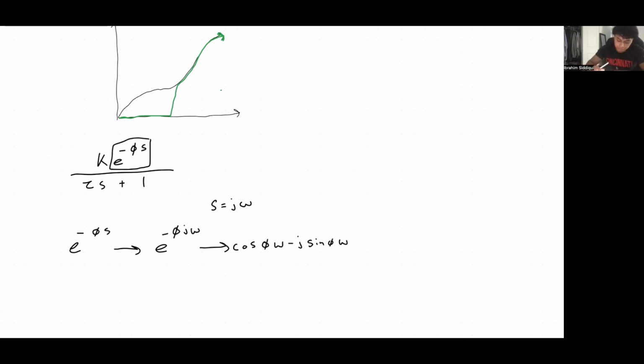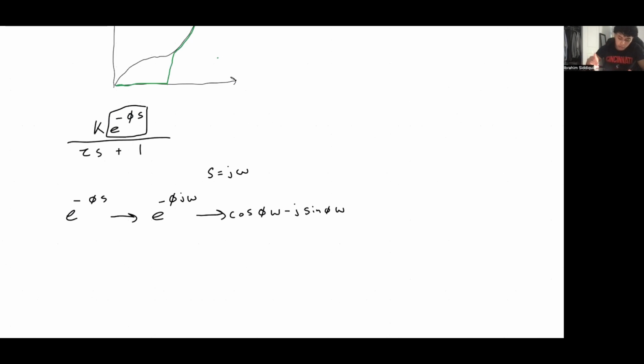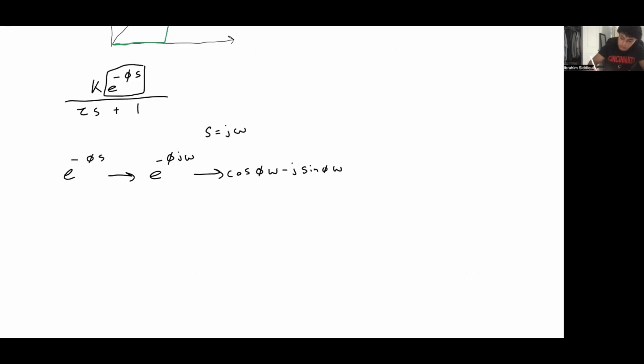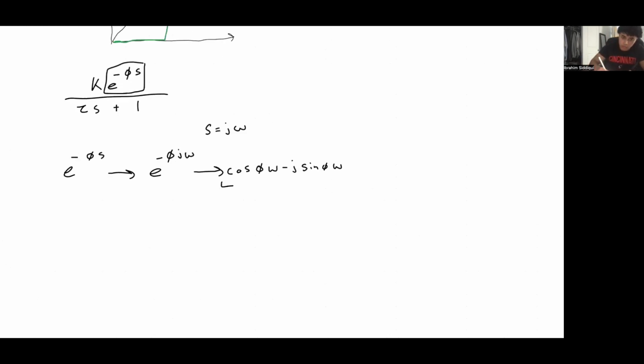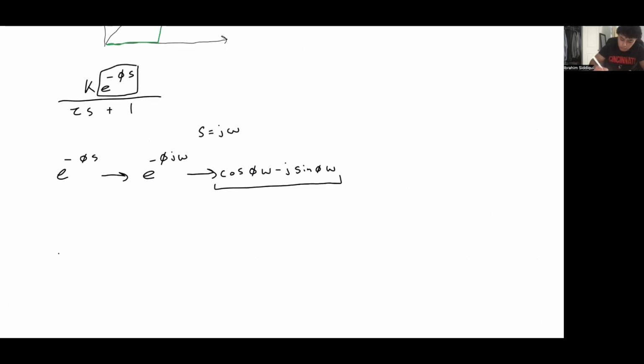Okay, so we want to take a look at our amplitude ratio now. Looking at this, we can see that our amplitude ratio is equal to the square root of cosine squared phi omega plus sine squared phi omega, and essentially this is equal to 1 because of these properties of cosine and sine.